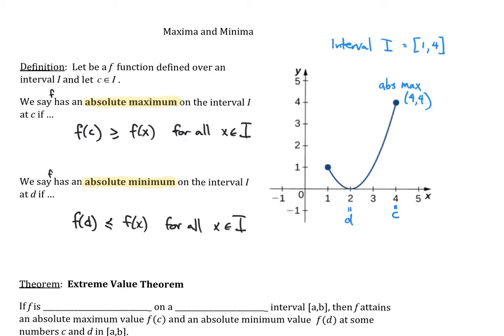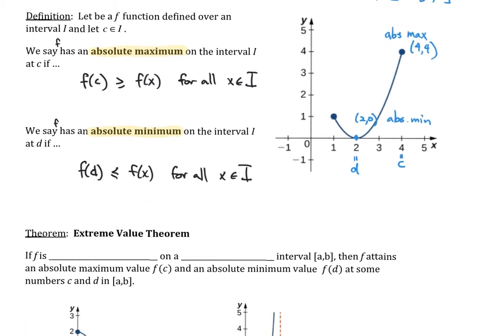So the absolute minimum occurs at 2, and the point associated with that is going to be (2, 0). So that's our absolute min. All right, so it's just an easy visual example of an absolute max and an absolute min.